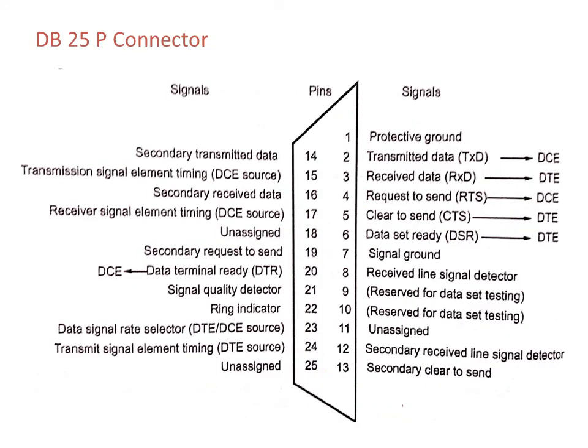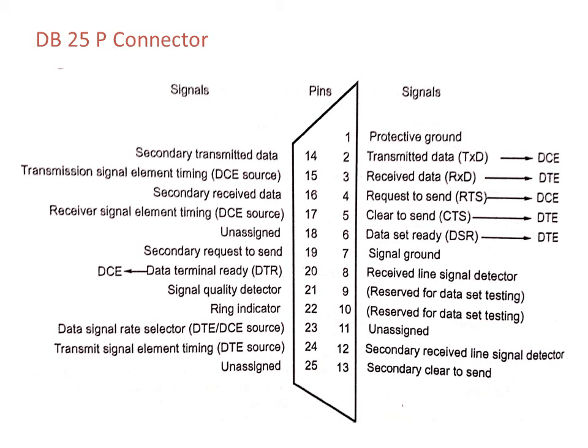The most commonly used connector, that is DB9P, is shown in the figure. The figure mainly shows the 25 pins of the DB9P connector and the signals associated with it. Now as shown in the figure, pin number 1 is protective ground, and pin number 2 is transmitted data, represented as TXD, and its direction is towards DCE.